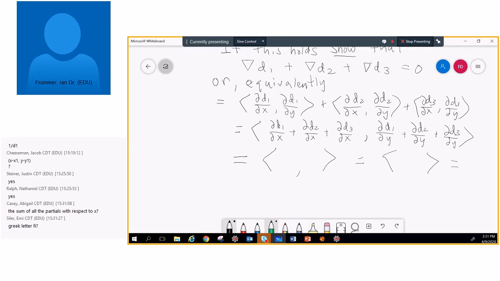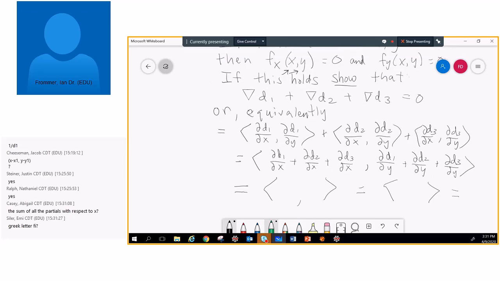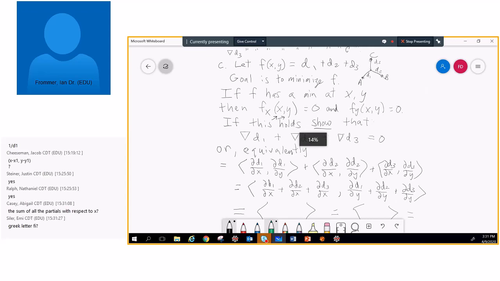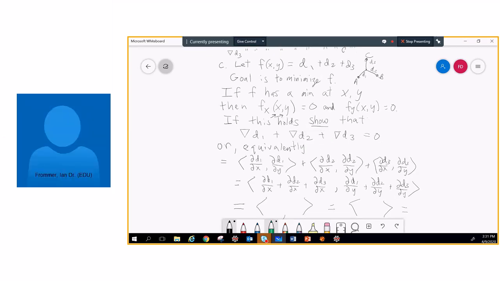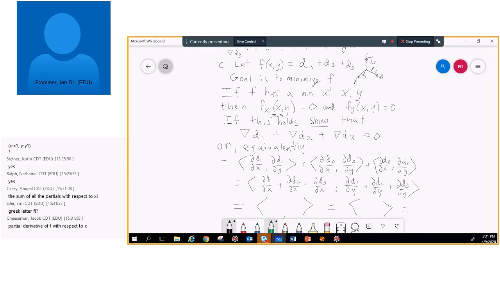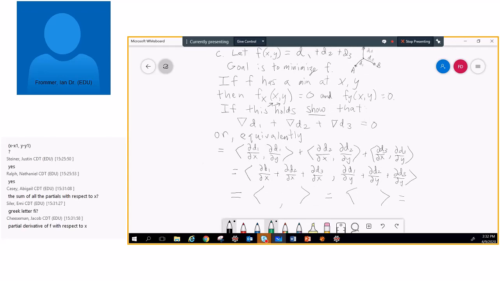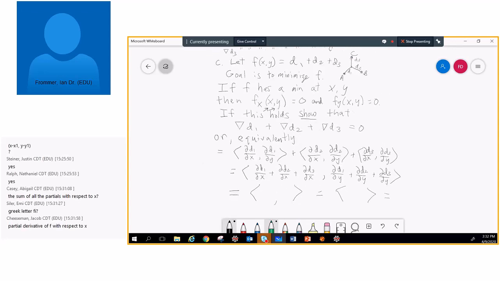So if I go back up to f, and I were to take the partial of f with respect to x, right? Look at this f up here. Yeah, okay, Jacob, you just said it. Good. Yep, so that's just the partial of f with respect to x. In other words, look at f. Let me highlight it for you. Oops, got a really thin marker here, but whatever. That's my f function.